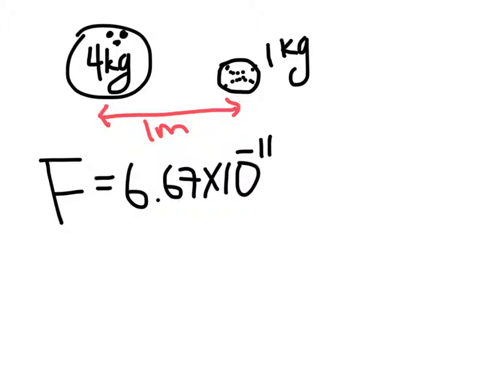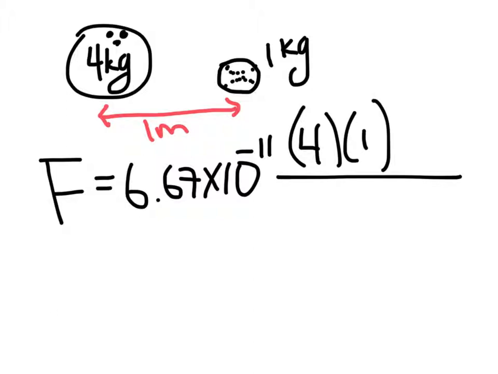It's the same for all mass in the universe. And then we multiply one of the masses by the other mass in kilograms, and we're going to divide by the radius squared. So this is actually not too bad because all these ones are going to cancel out.